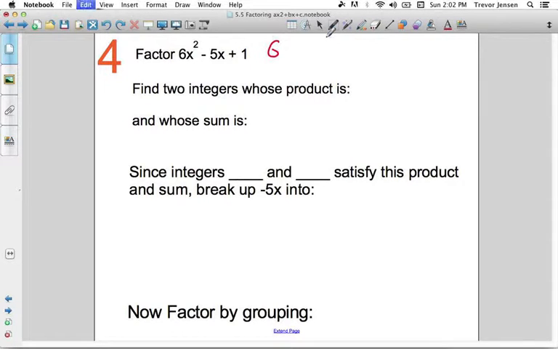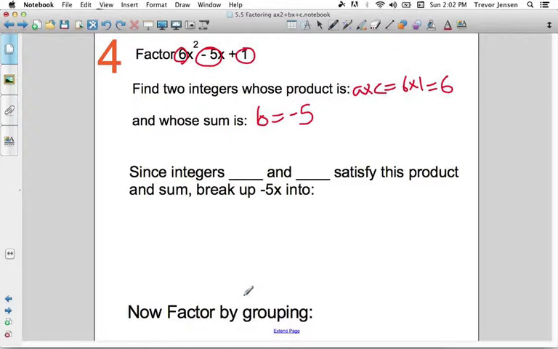What I have to do is find two numbers who have a product of a times c, which is 6 times 1, which equals 6. I need to find two numbers with a product of 6 and a sum of my b value, which is negative 5.